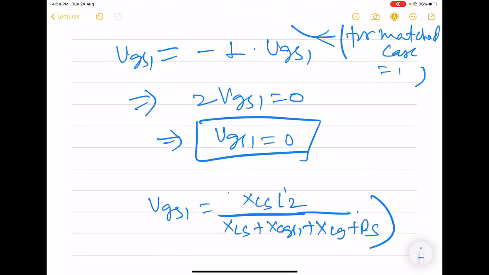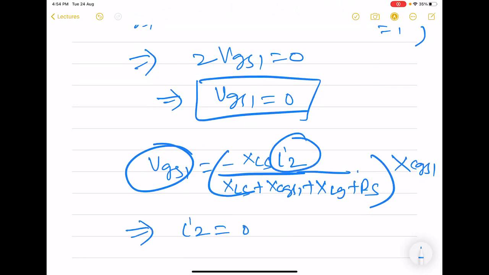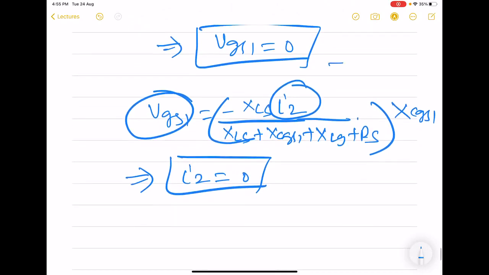So this is I3 flowing through XCGS1, and in fact it's a negative. So this is the relation between VGS and I2. So since VGS is 0, that means I2 is also equal to 0. Right. So we will be calling this equation 14.